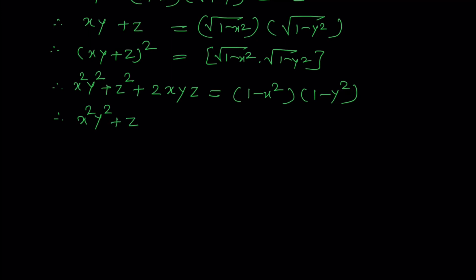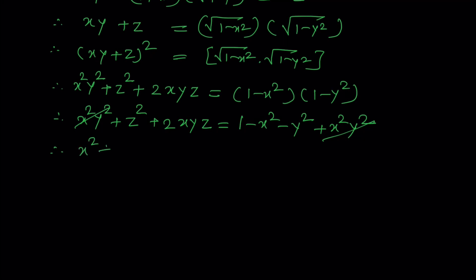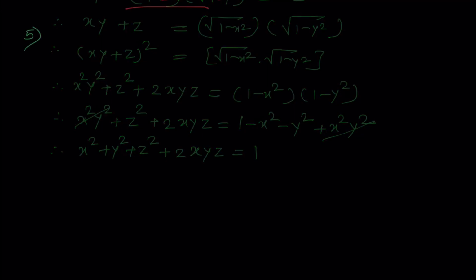Therefore, x square y square plus z square plus 2xyz is equal to 1 minus x square minus y square plus x square y square. Therefore, x square y square get cancelled. We get x square plus y square plus z square plus 2 times xyz is equal to 1.